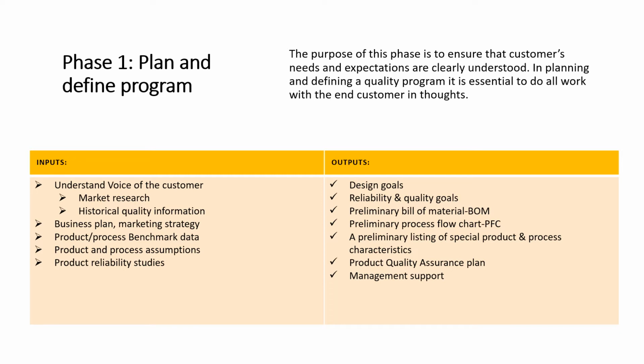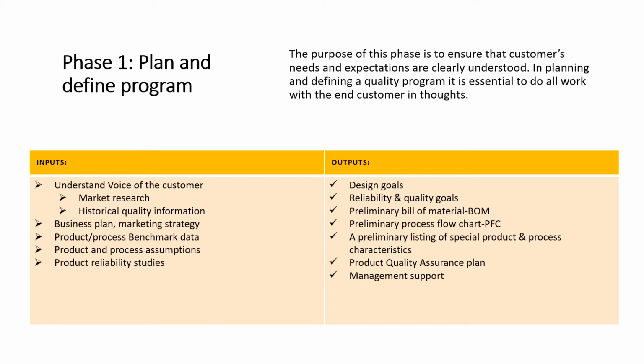So what are the outputs here? Design goals, reliability and quality goals, preliminary bill of material, that is BOM, preliminary process flowchart, that is PFC, a preliminary listing of special product and process characteristics, product quality assurance plan, and management support. If you see, most of the things are preliminary.